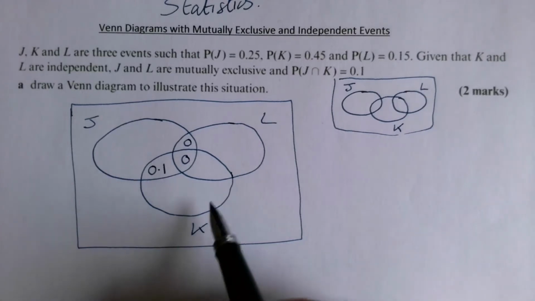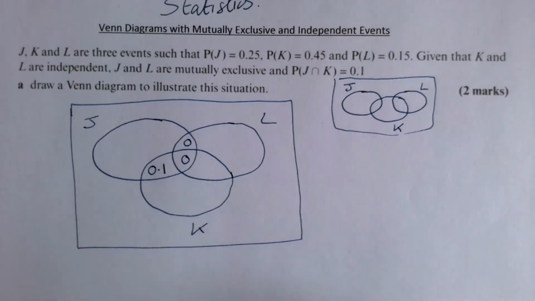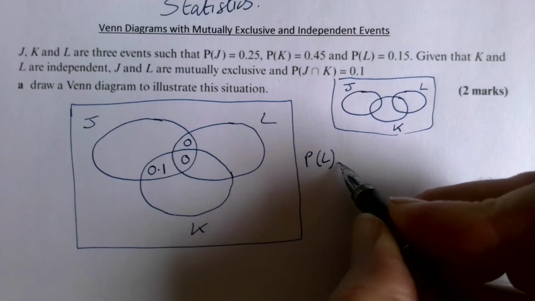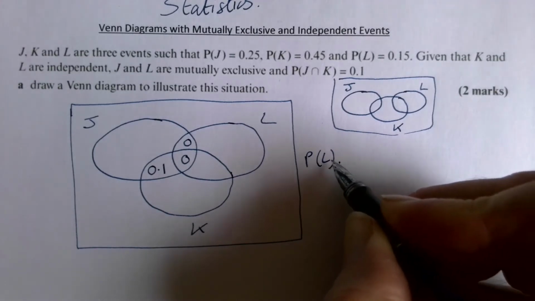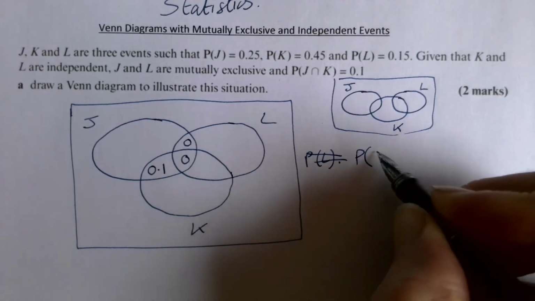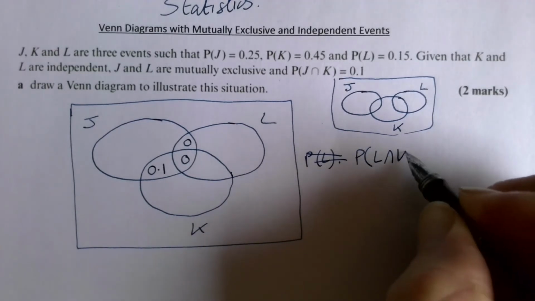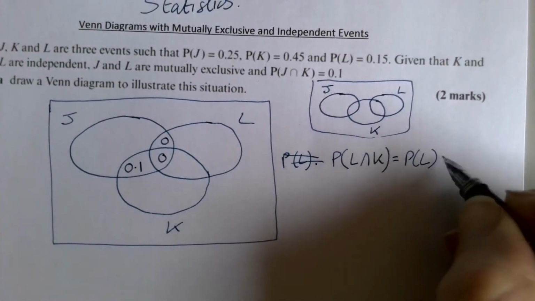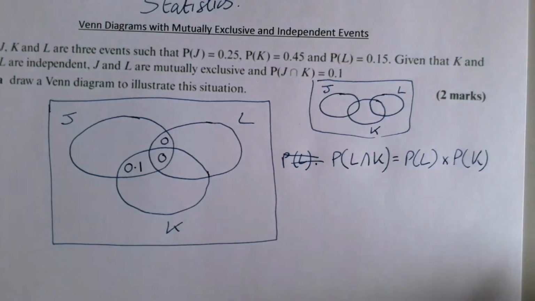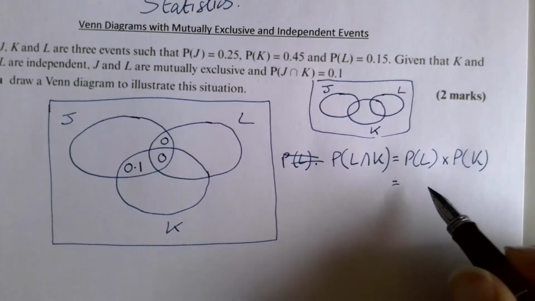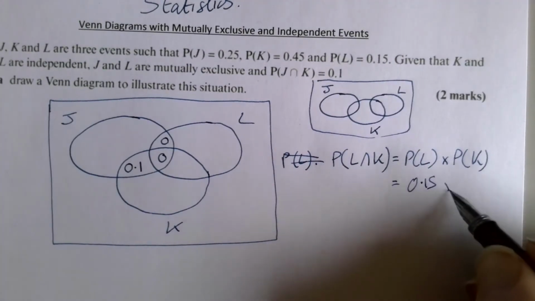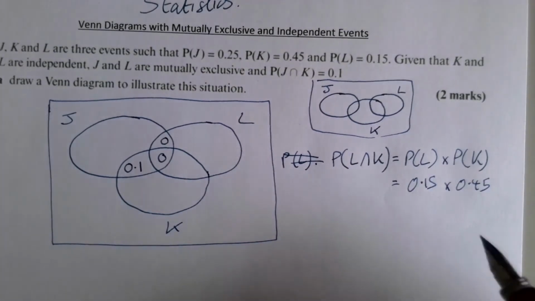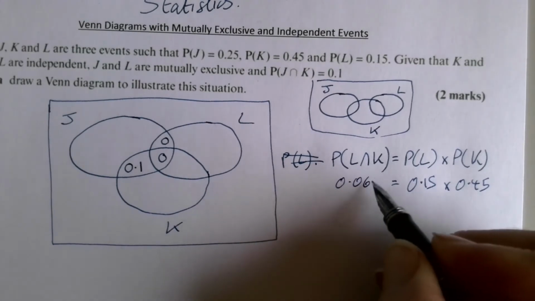And then to find the part between L and K, the probability that they both happen together, on the intersection there, is going to be the probability of L times the probability of K. So we can do that with 0.15 for L times 0.45 for K, and if you do that, that should give you 0.0675.